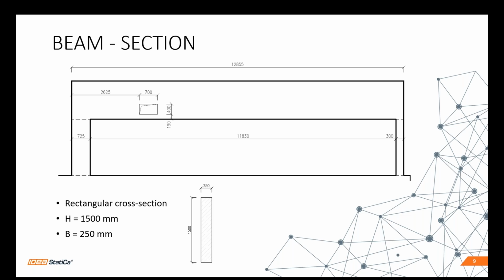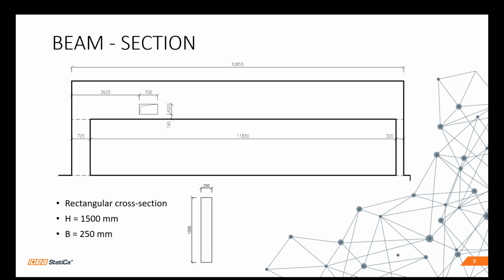When I created the model, I assumed hinges on both sides of the beam to be on the safe side, but in reality it will be stiffer. So I will show you how to model the structure properly to simulate its realistic behavior.